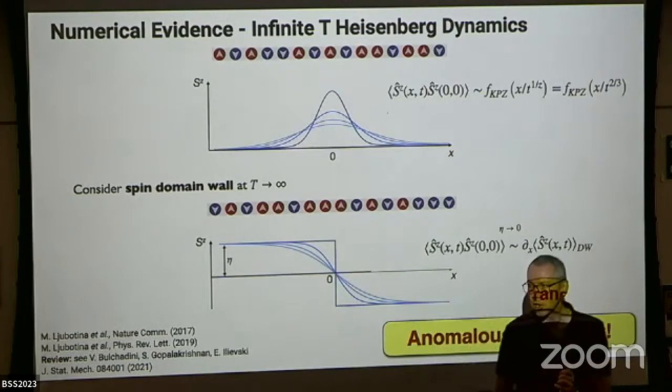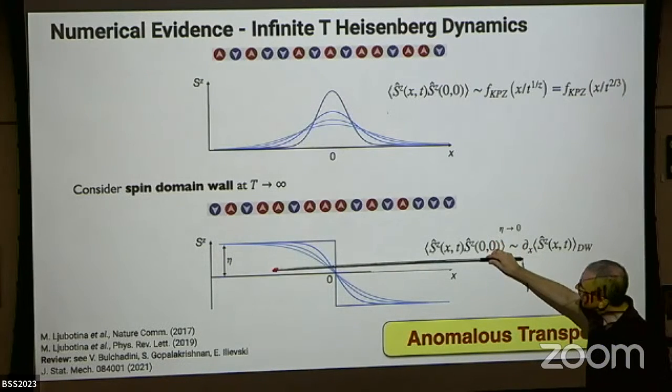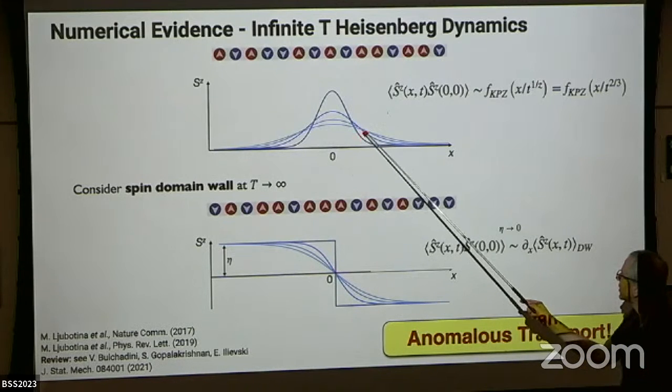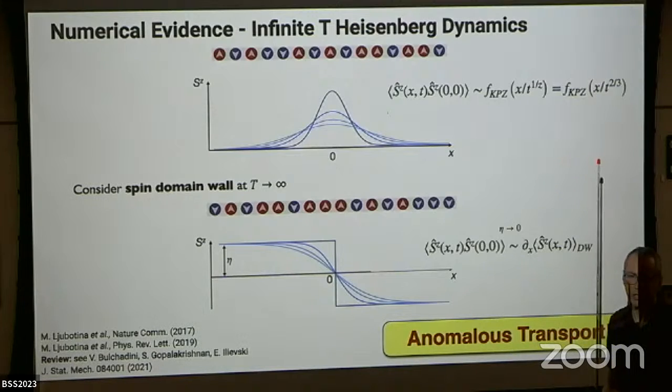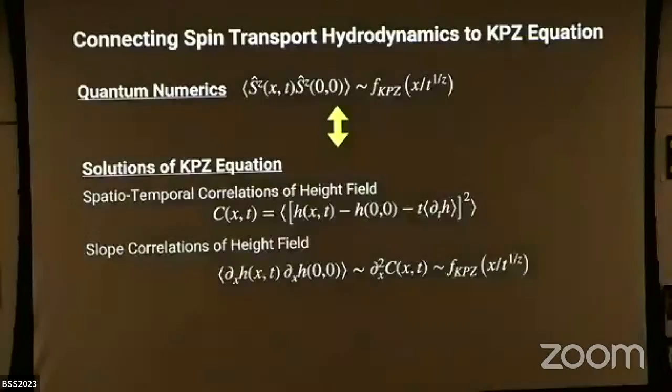Now you can show that in the limit of this domain wall visibility going to 0 height, basically the derivative of this domain wall profile is just like this dynamical spin-spin correlation function. So you've measured the same thing, but strictly speaking, only in the limit of eta going to 0. But we're going to test it even beyond that limit.